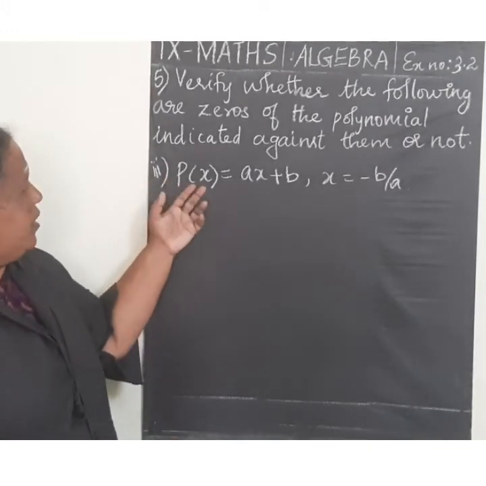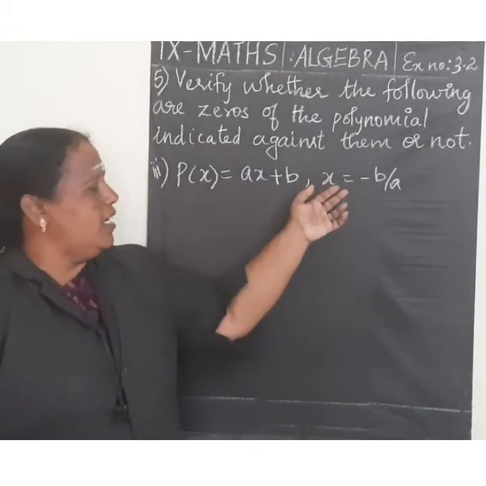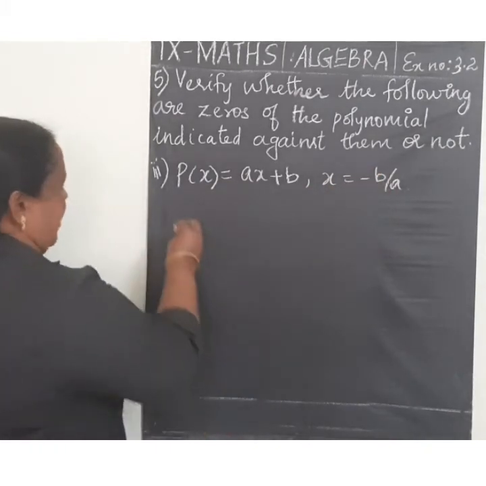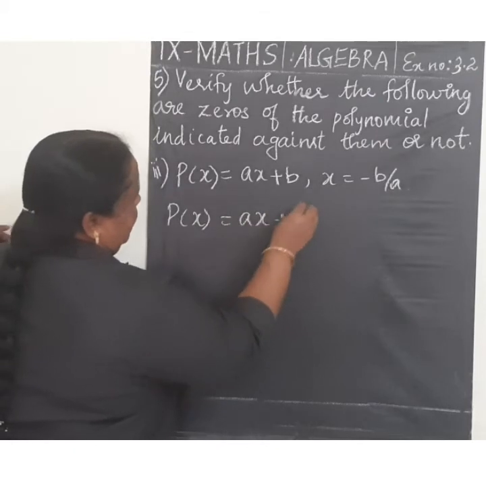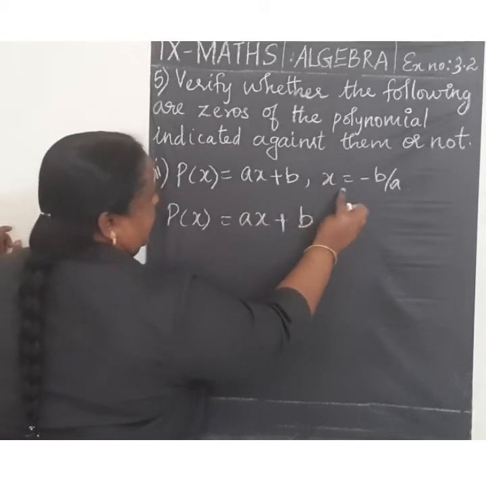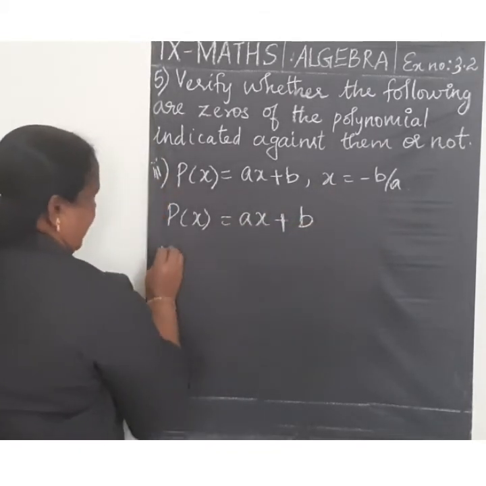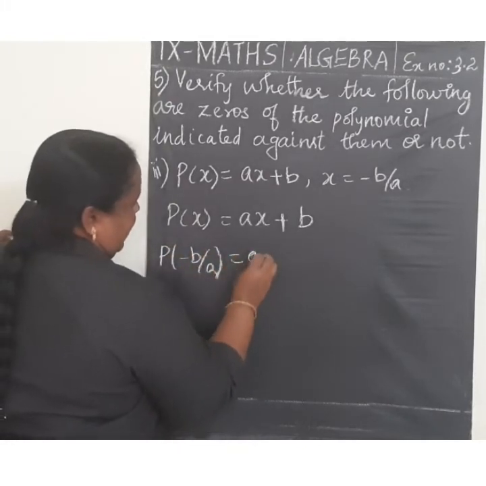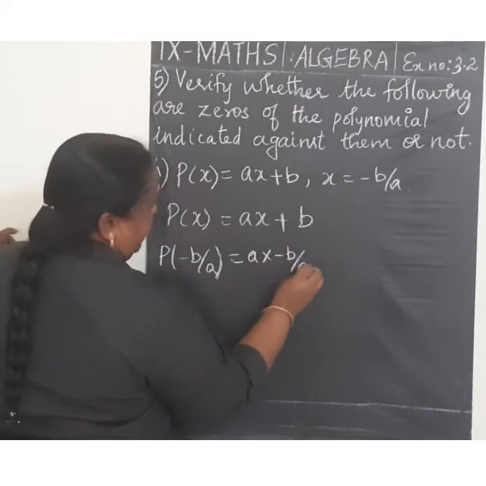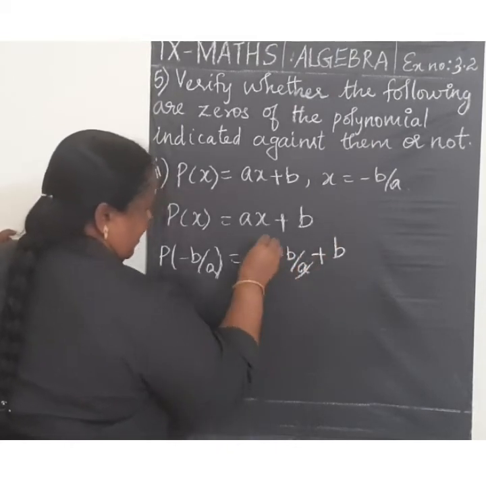Third subdivision, p of x is equal to ax plus b, x is equal to minus b by a. So p of x is equal to ax plus b, we have to substitute minus b by a in the place of x. So p of minus b by a is equal to a into minus b by a plus b. The a will be cancelled.